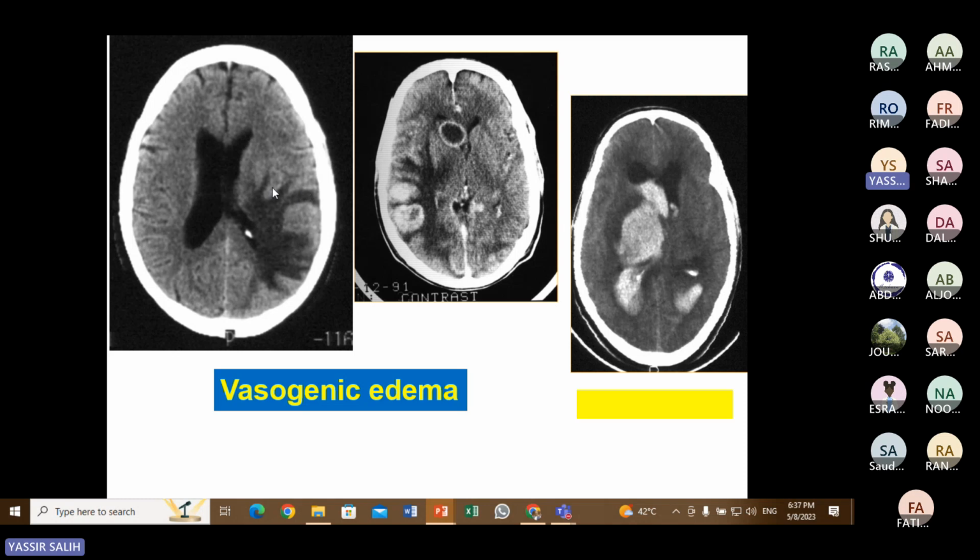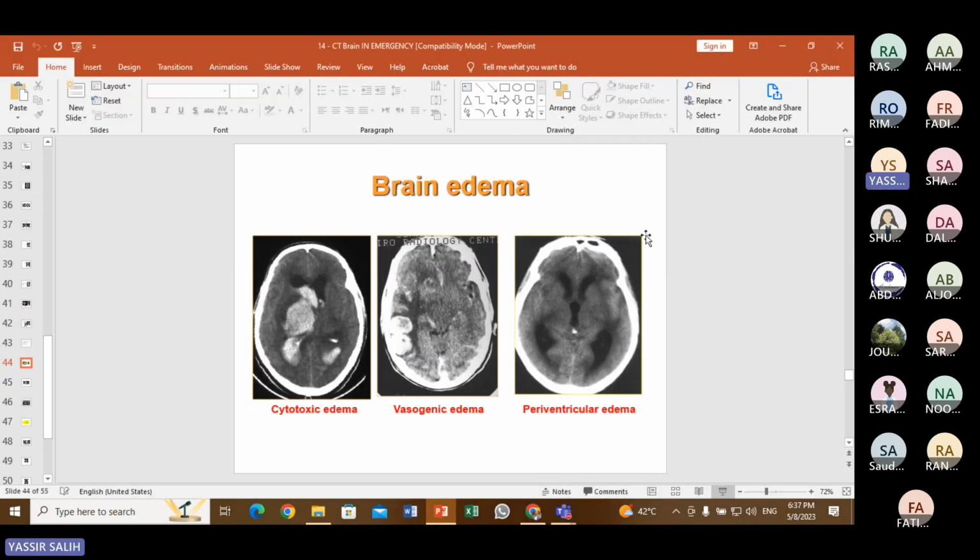There is edema. Vasogenic edema. Yes, vasogenic edema around a tumor or lesion. And this is cytotoxic edema, because this is a hemorrhage.